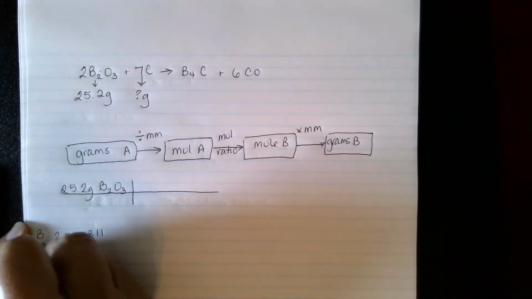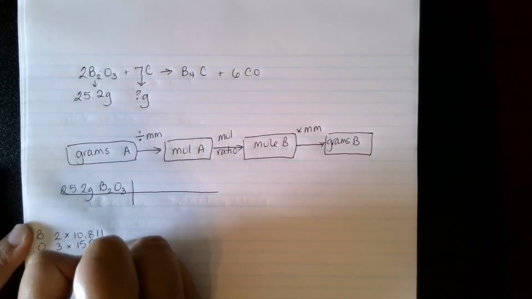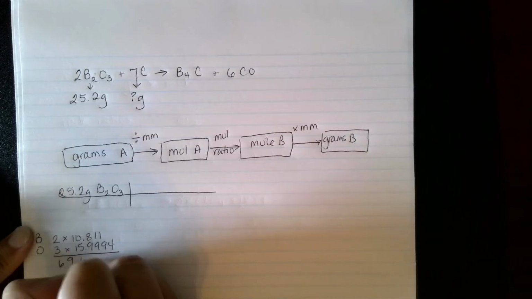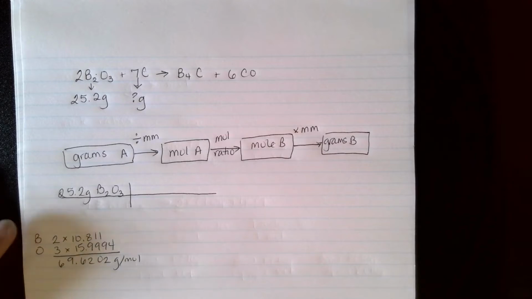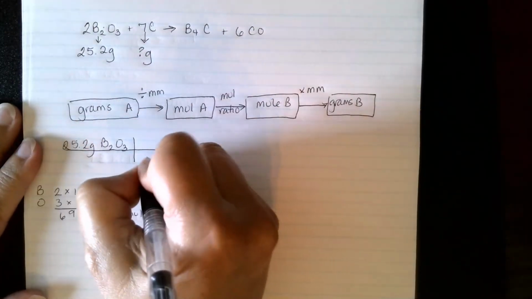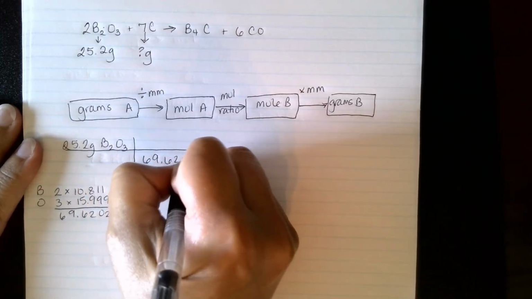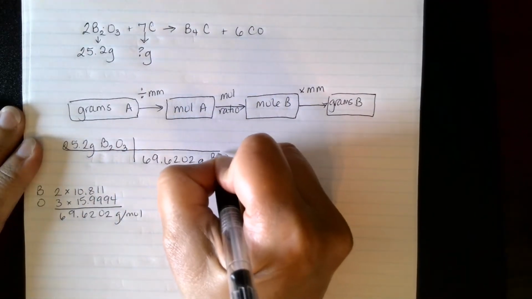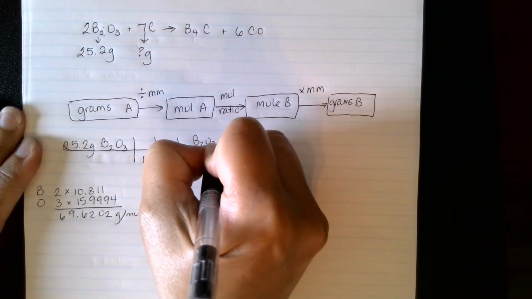And I had oxygen, 3 times 15.9994. I added those up to get 69.6202. That's my molar mass. Now, since grams is on top, I'm going to need the grams on the bottom. So there's my conversion factor.